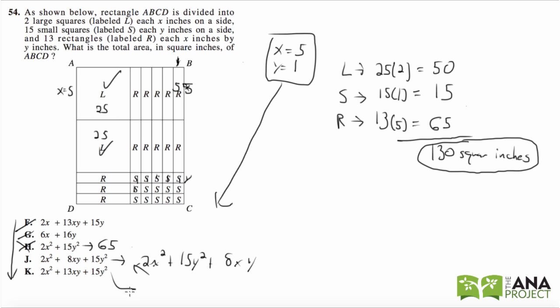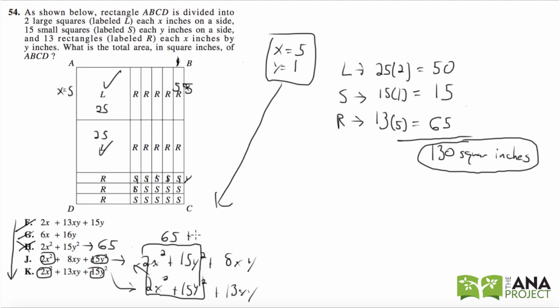And this one is 2x squared plus 15y squared plus 13xy. All I'm doing is rearranging the order, because J and K both have 2x squared plus 15y squared. So I'm just writing that back to back. So this is going to be 65 for both answer choices.